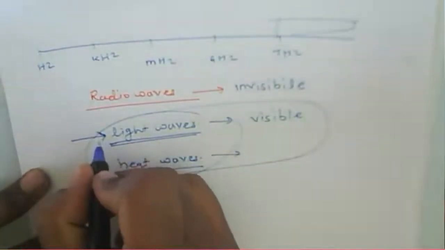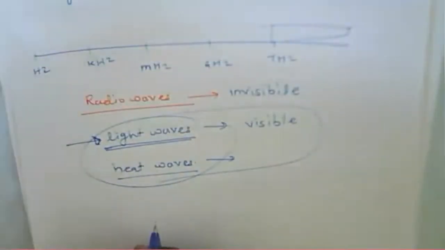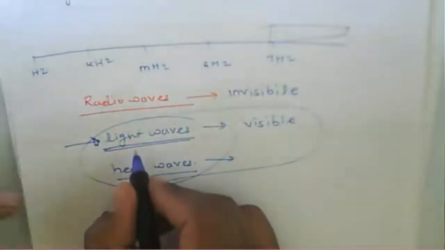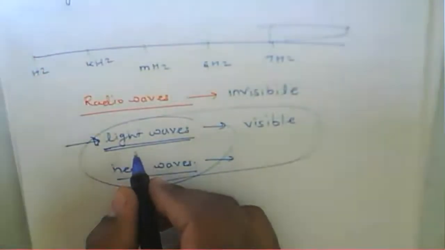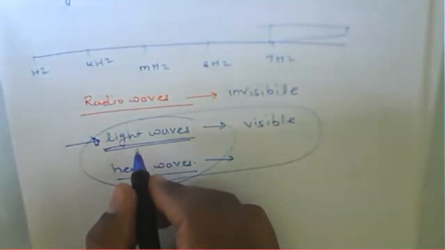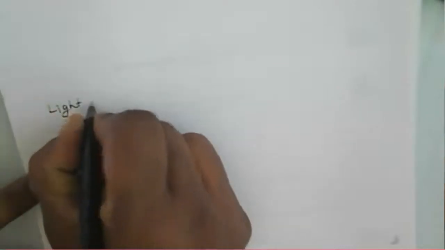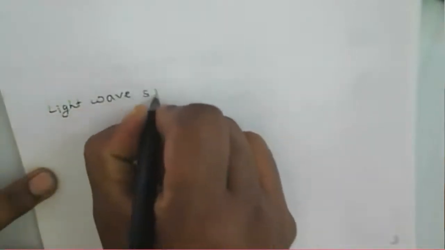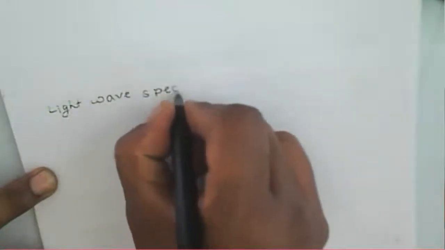Instead of understanding the electromagnetic spectrum, to understand how optical communication takes place, we need to understand what the light wave is. So we need to learn about the light wave spectrum first.